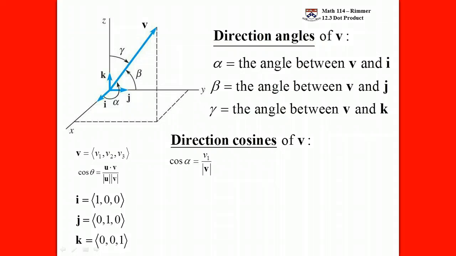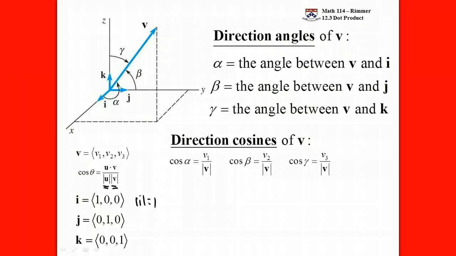In the denominator, we're supposed to divide by mag u and mag v, but the mag of i is 1. Take whatever your i component is and divide by the magnitude, and that'll be the cosine of alpha. Take whatever your j component is, divided by the magnitude, that'll be your cosine of beta. Take whatever your k component is, divided by the magnitude, that'll be the cosine of gamma.